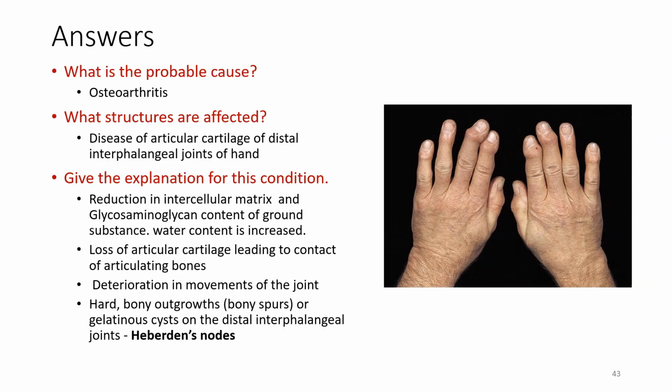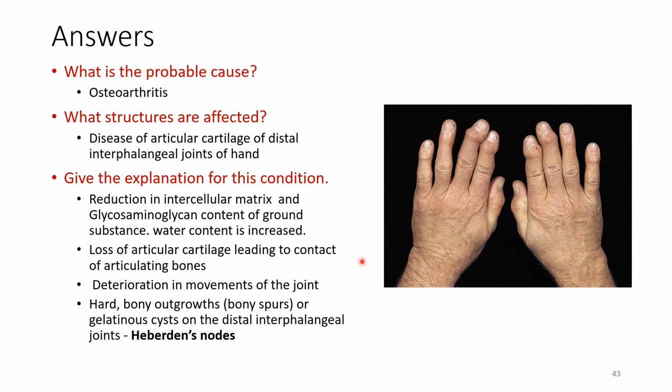So, the probable cause is osteoarthritis. The structures that are affected: it is disease of the articular cartilage of distal interphalangeal joints. That's why this is called Heberden's nodes. Then the explanation is there is reduction in the intercellular matrix and glycosaminoglycan content, and there is increase in the water content.